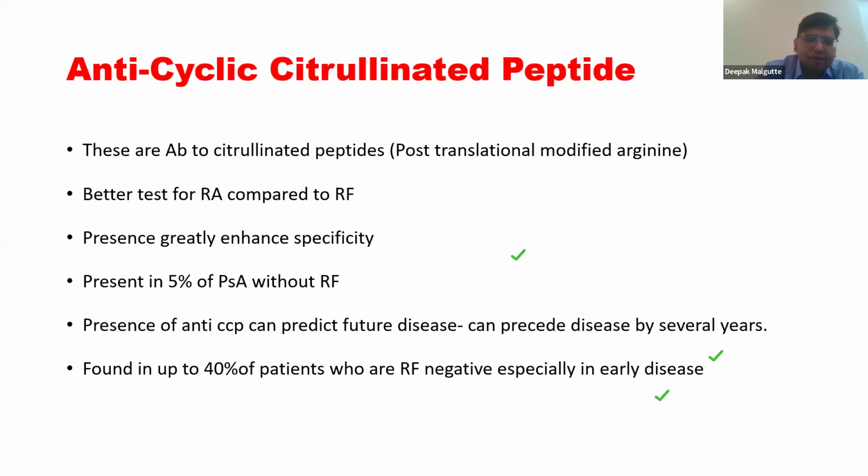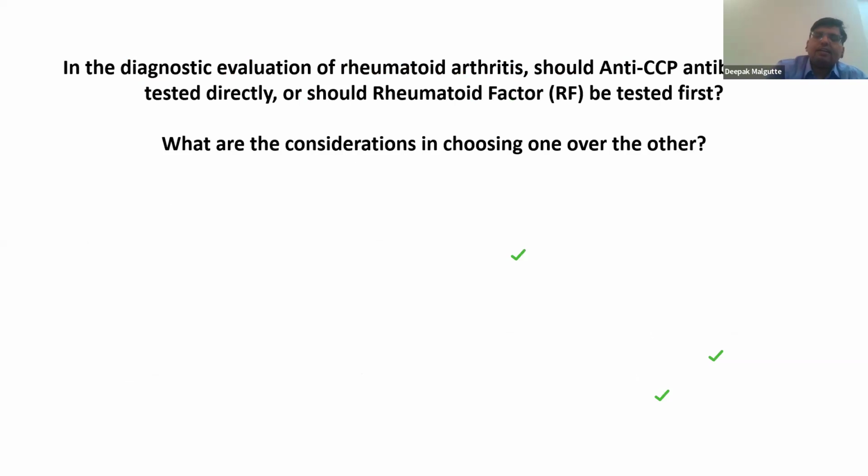But they can still be falsely positive in patients with psoriatic arthritis, other connective tissue diseases like SLE or Sjogren, or even in patients with TB. An important point is that 20 to 30% of patients with rheumatoid arthritis who are RA factor negative can test positive for anti-CCP.